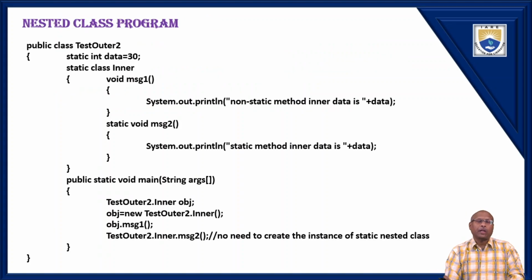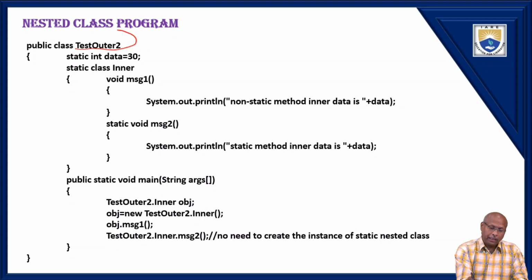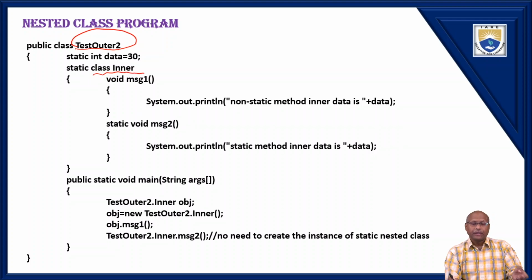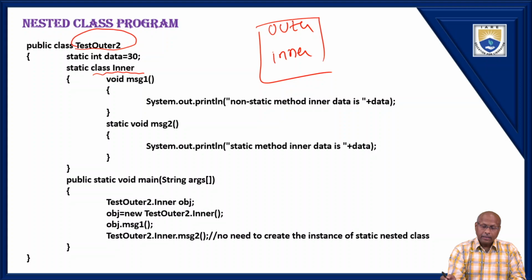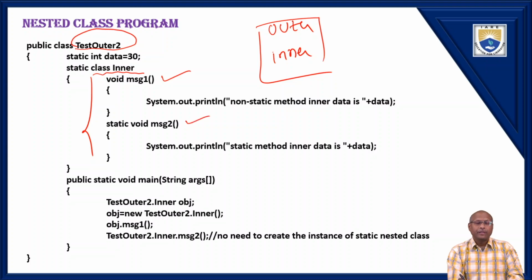Then one small program, how you can define a nested class. See, TestOuter2 is my outer class. Inside this class there is one more class called Inner. This inner class has two methods, MSG1 and MSG2, because a class is a combination of attributes and methods.